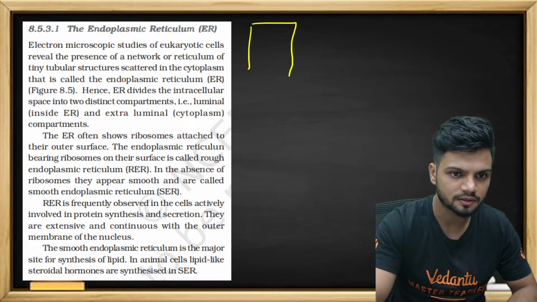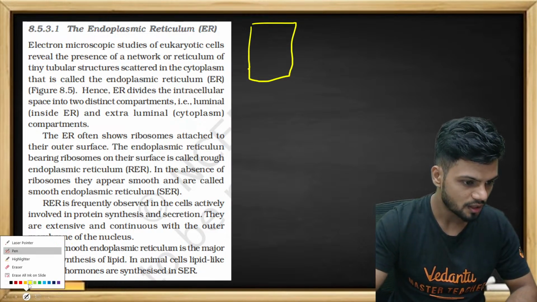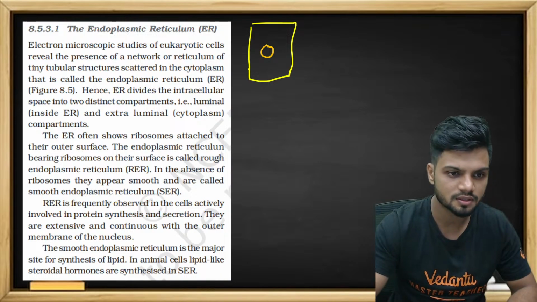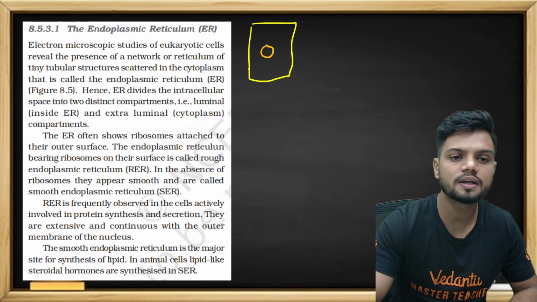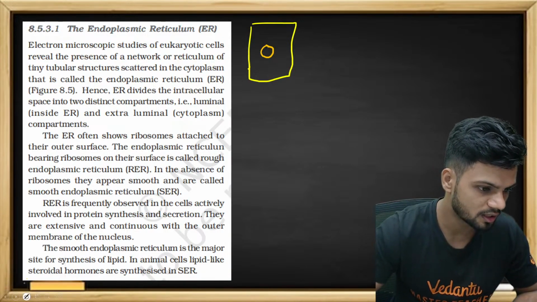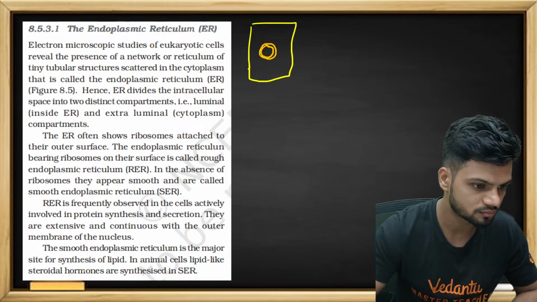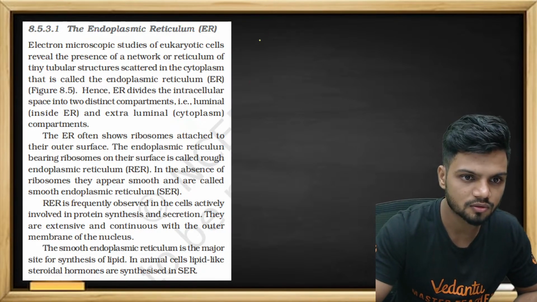In this cell, if this is the nucleus in the middle, the nucleus is double membrane structure. Let me draw it properly again. So let's draw the nucleus first.